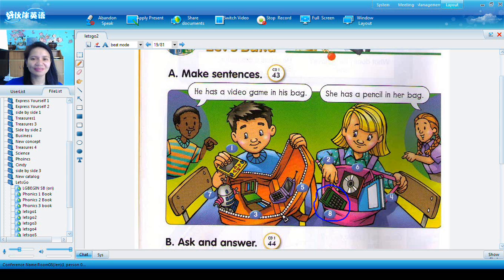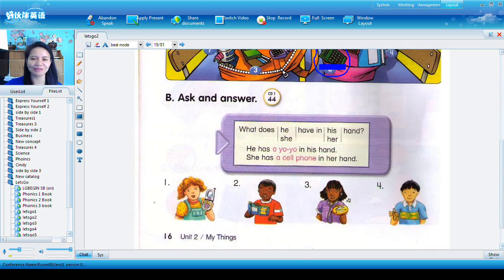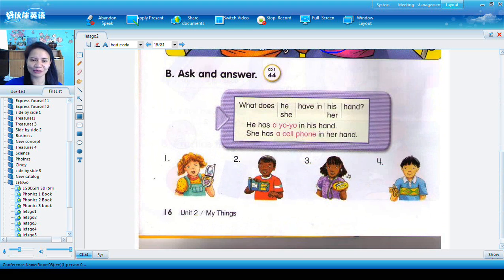You'll say, she has a calculator. Again, what does she have? You'll say, she has a calculator. Very good. Now let's continue here. And let me ask you, what does she have in her hand?